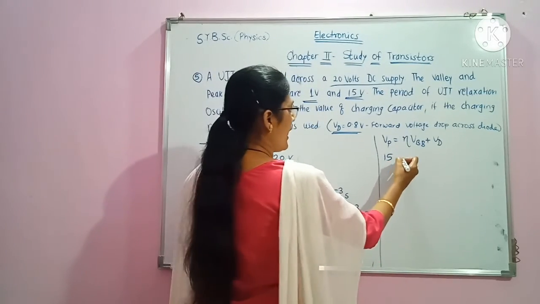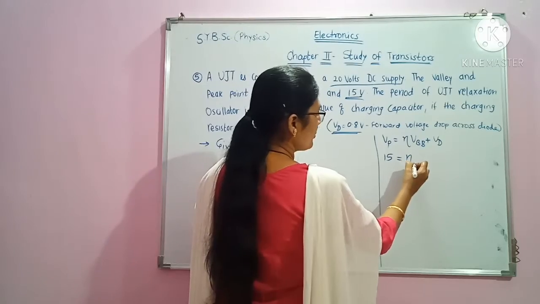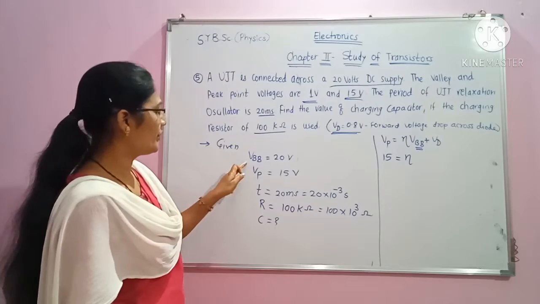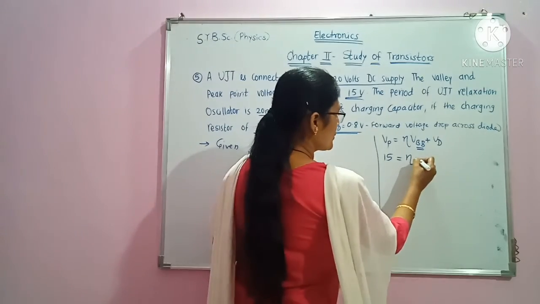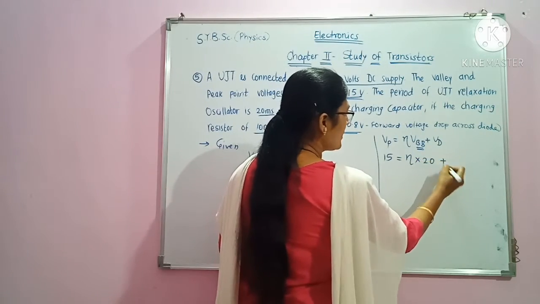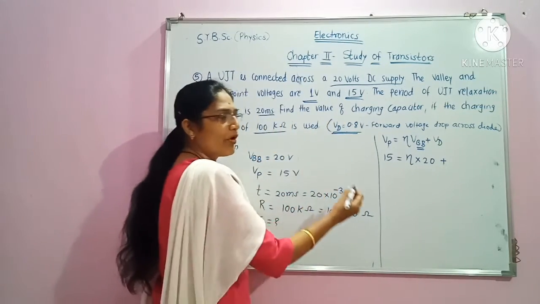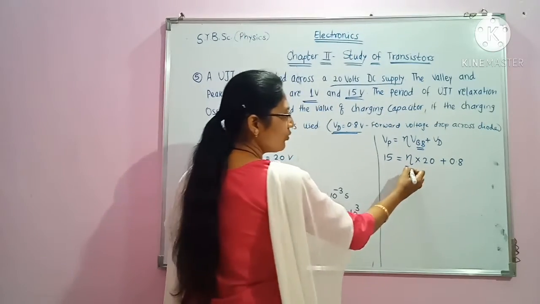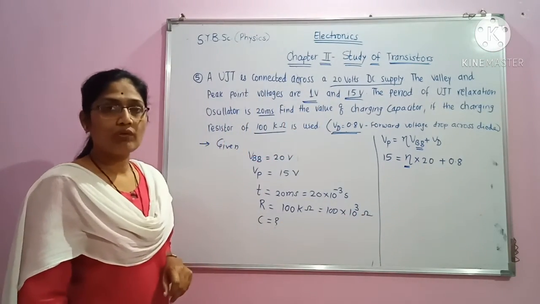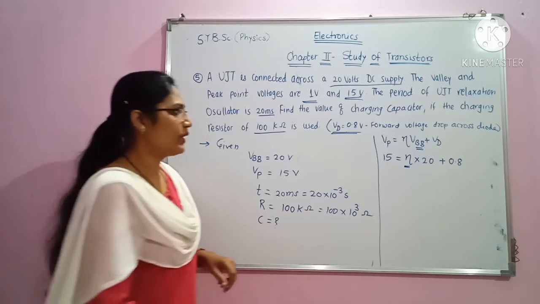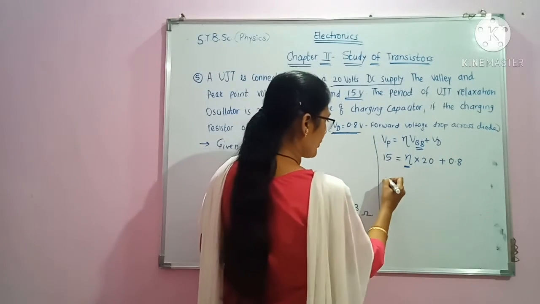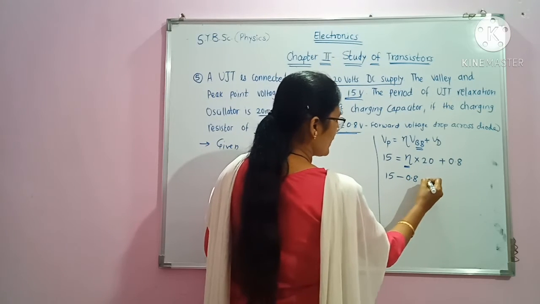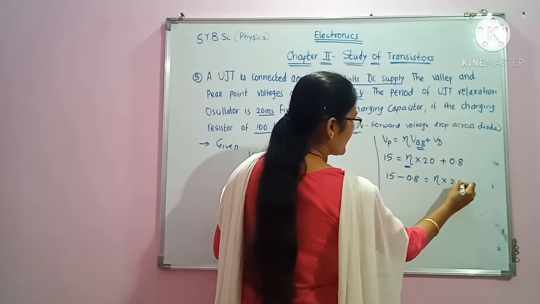So Vp is given as 15 volt, eta we have to calculate, and VBB is given as 20 volt, so eta into 20 plus VD, which is given as 0.8. Now we have to find out first the value of intrinsic stand-off ratio, that is eta. From this information we have 15 minus 0.8 is equal to eta into 20.